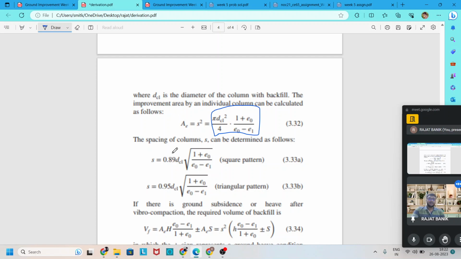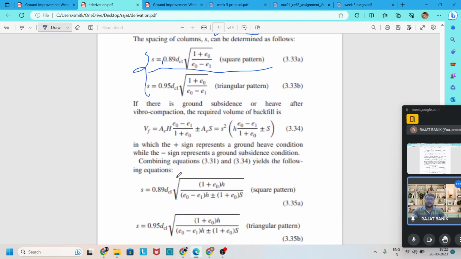Replacing this, we can easily find the spacing required for compaction when we apply backfilling. So we arrive at two different formulas, one for the triangular pattern and another for the square pattern. The only difference is the coefficient: for the square pattern it is 0.89 and for the triangular pattern it is 0.95. Only remember these two things, and most of the formula is similar to each other.